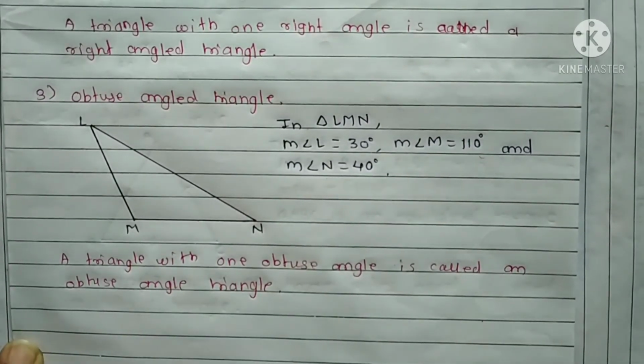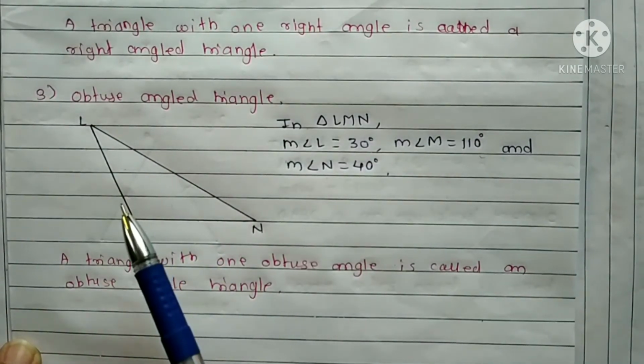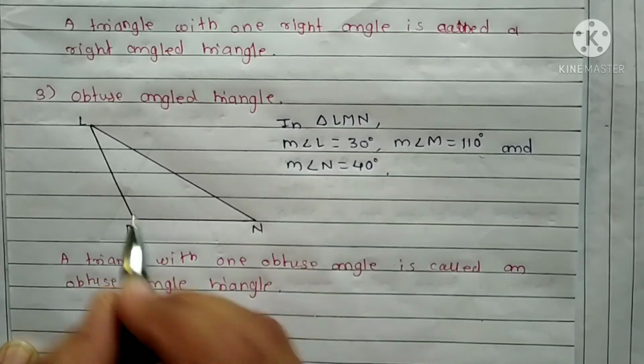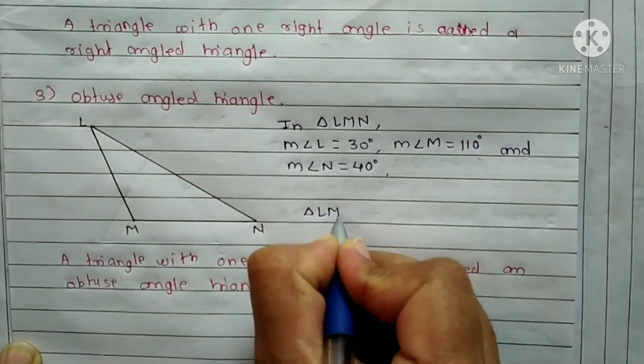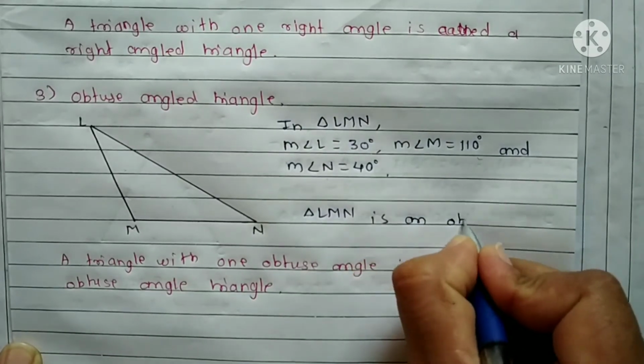By this definition, in this triangle one angle is obtuse angle. Therefore, we can say that triangle LMN is an obtuse angle triangle.